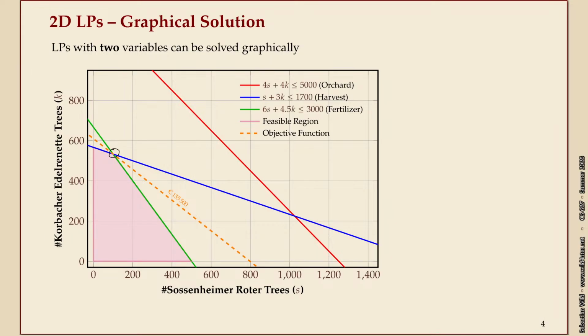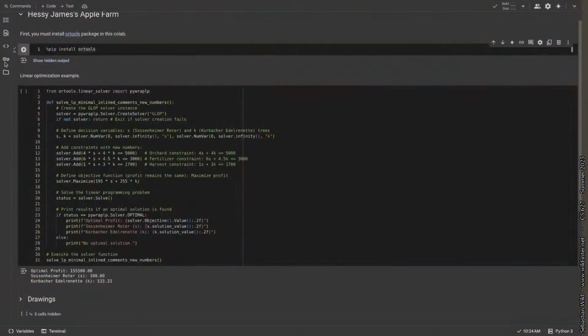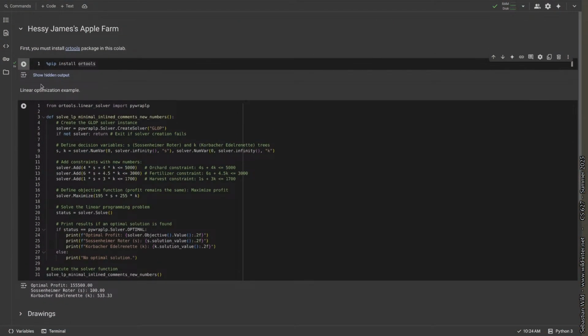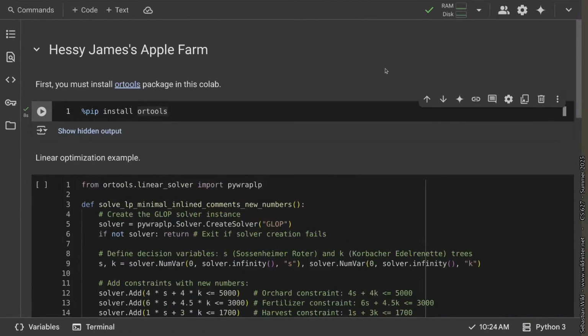I just wanted to make one point, namely that this is very easy to do in practice if you need to. So here's a little Google Colab with code to solve this specific problem.